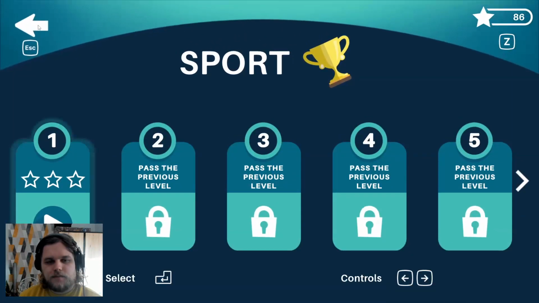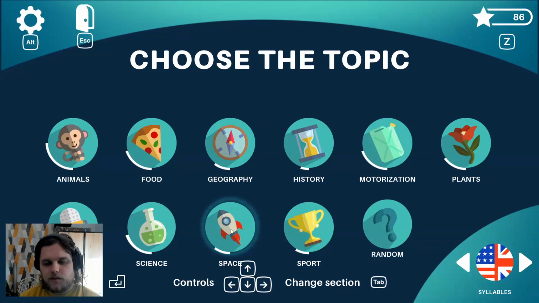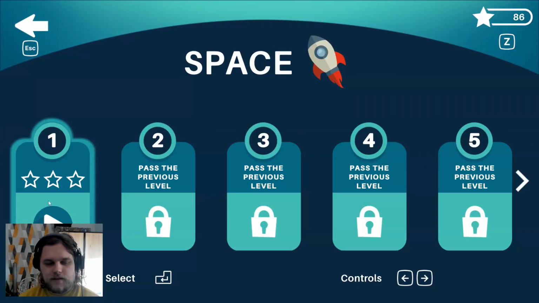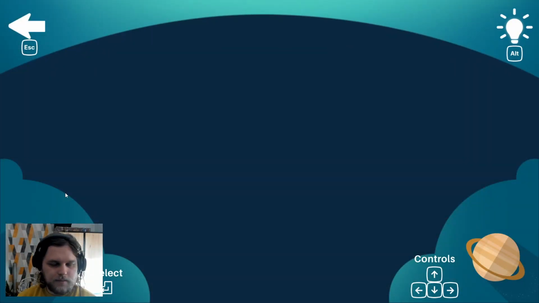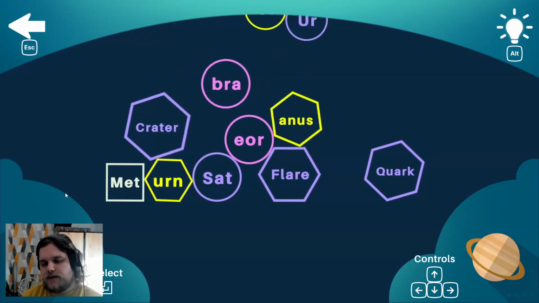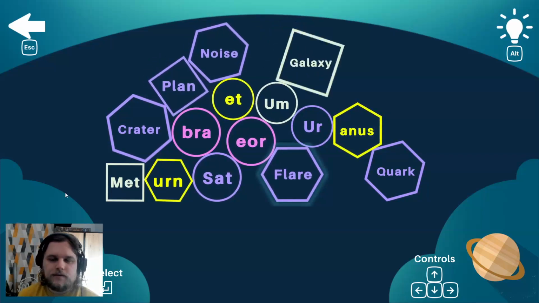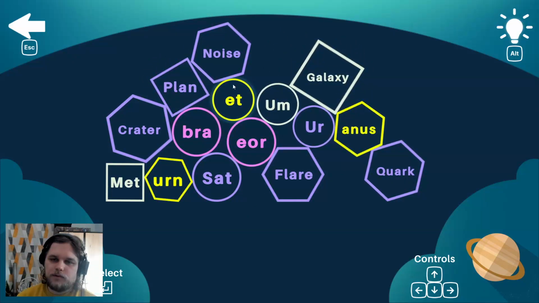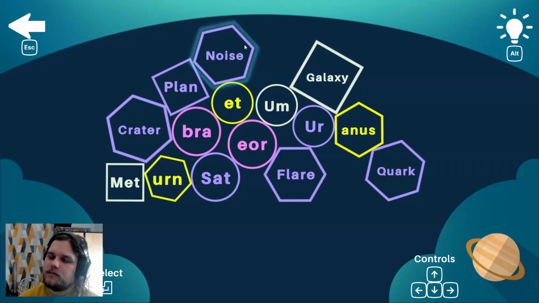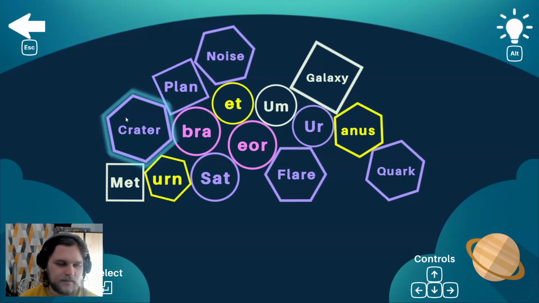As I'm back in the classic mode, space category, of course, I need to complete the levels from the first one. So yeah, being able to adjust the difficulty level would mean that I would be able to disable this hint that, for example, this is the first syllable of some word, this is the first syllable of some word, and so on.